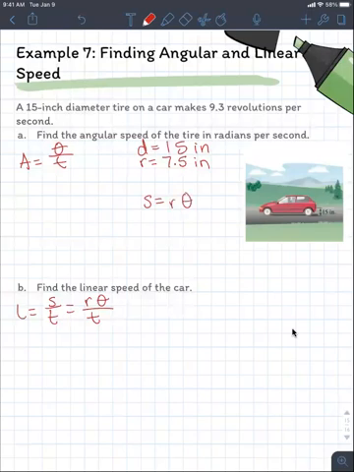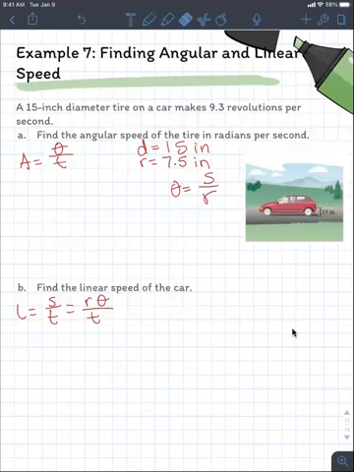No, it's theta is equal to S over R. So rearranging that formula, the other one that they gave us first, right? So in this case, we're actually wanting to multiply our revolutions per second times the entire circle, which is 2 pi. Does that make sense?